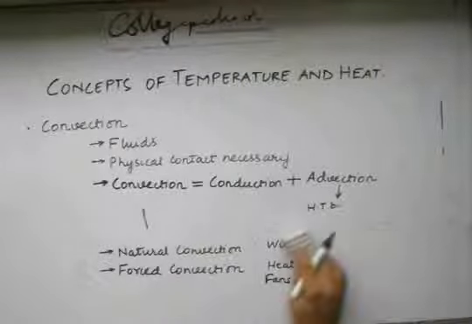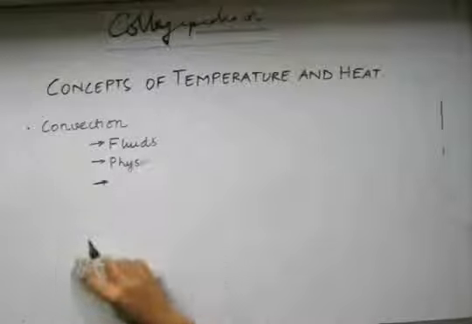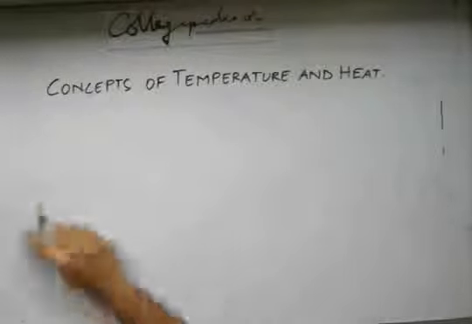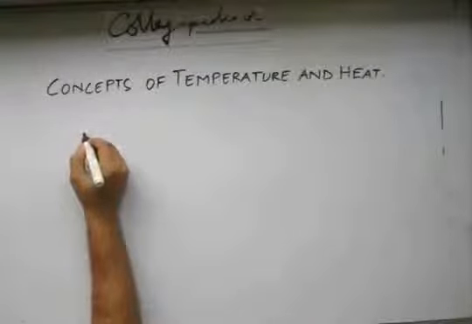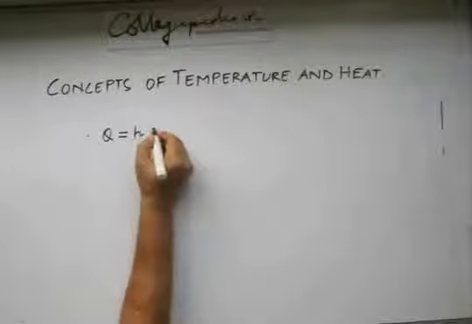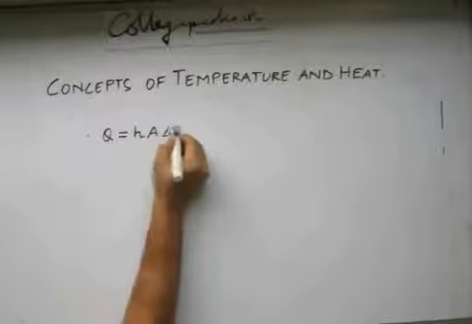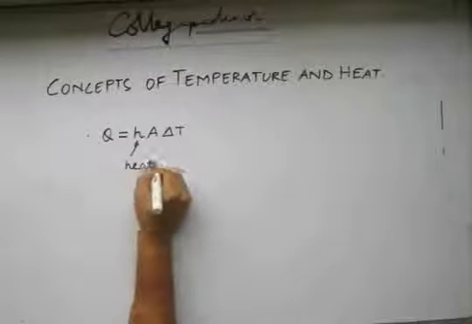The mathematical form, however, is not required in the syllabus of JEE or any other examination. We will just look at what the form is. The heat transfer is equal to this quantity, where H is the heat transfer coefficient.